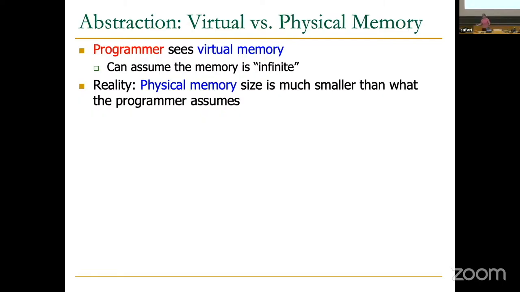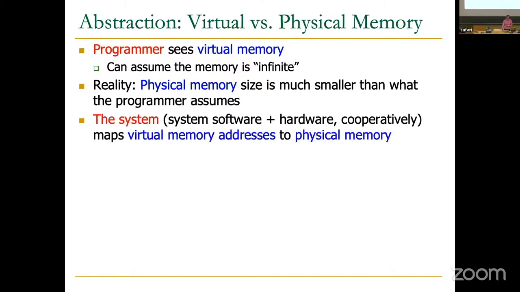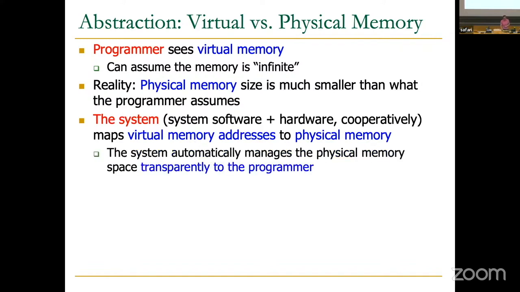You have a 64-bit address. We don't have 2 to the 64-byte memories, right? If you have that, please let me know. I'd like to use it. So basically, physical memory size is much smaller than what the programmer assumes. And underneath, there's some magic. The system, using software and hardware cooperatively, maps virtual memory addresses to physical addresses, to physical memory. And we're going to uncover that magic today.